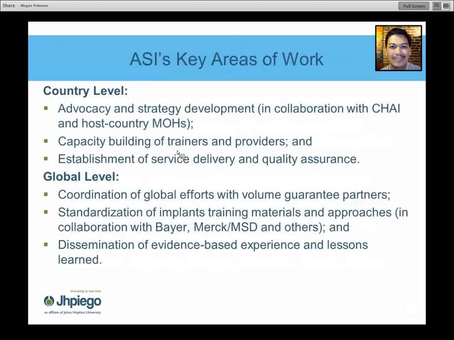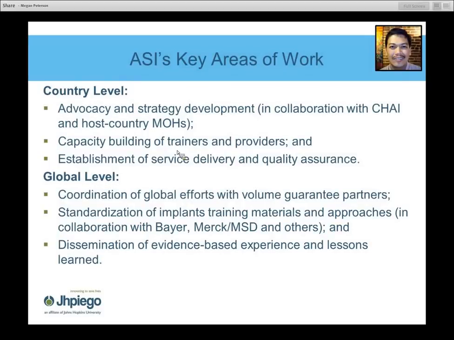And so at the country level, within the accelerating scale-up of implants, one of the key areas that we have worked on is advocacy and strategy development, in collaboration with the Clinton Health Access Initiative and in partnership with a key stakeholder, the Ministry of Health.